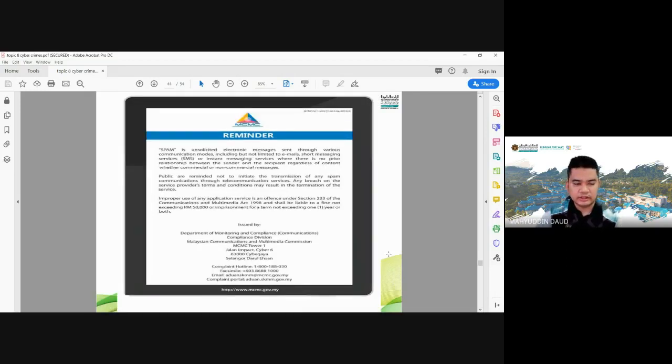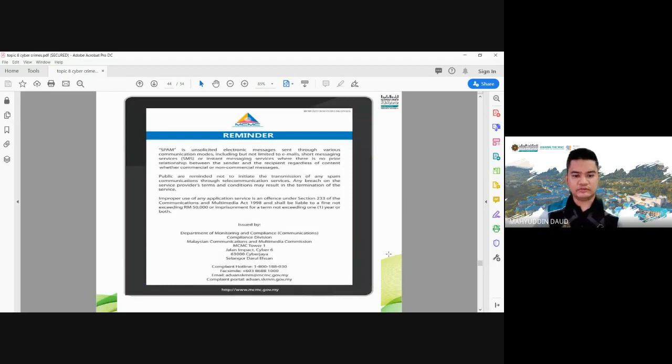So this is a reminder from MCMC regarding scam. The public is reminded not to initiate scam communications. According to MCMC, this is also an offense under Section 233 because this is also improper use of network facility.